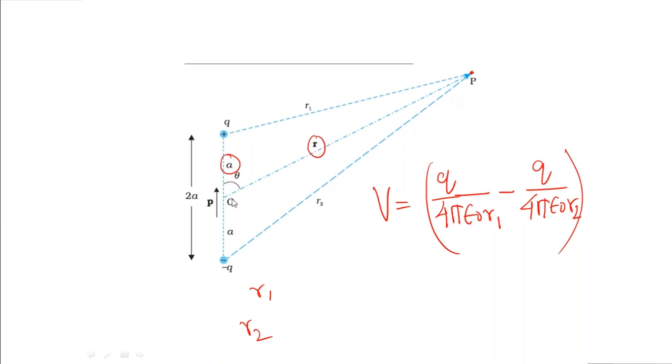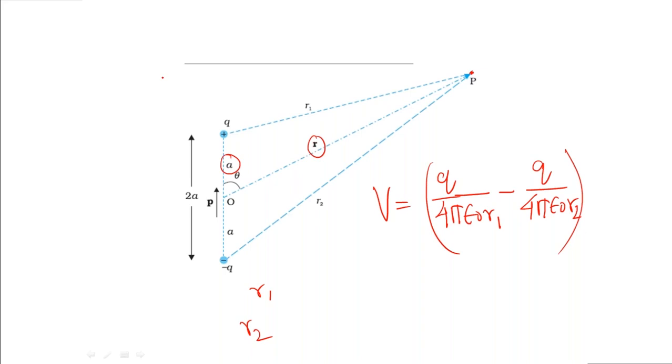So from O to Q, this is A, and O to minus Q, this is also A. So I have to find out this R1 and R2 in terms of A and R.